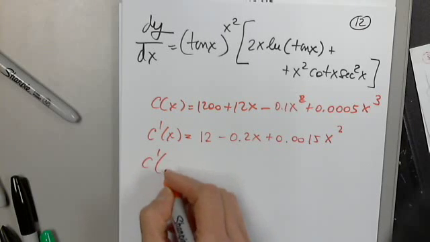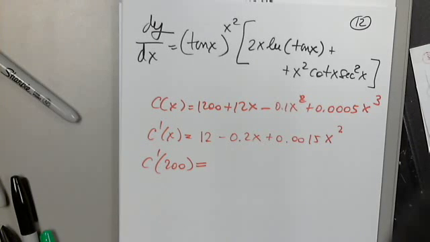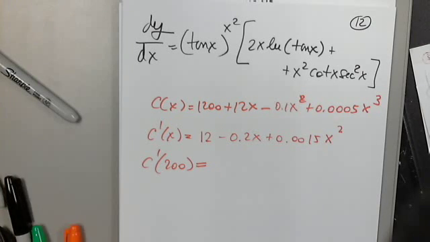So what would be C prime of 200? Let's calculate it. And what would it represent? How much is it?